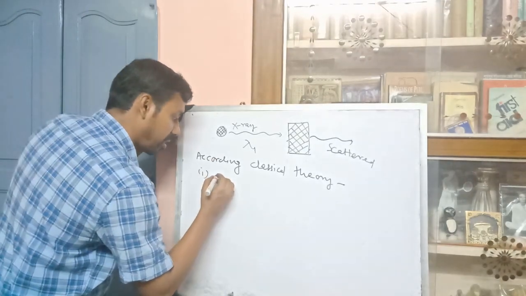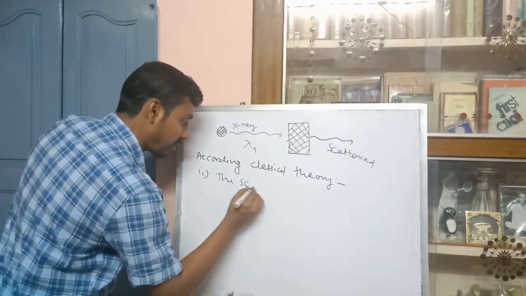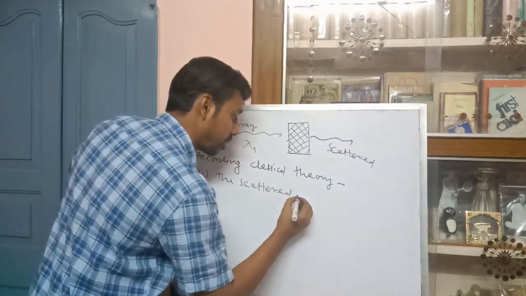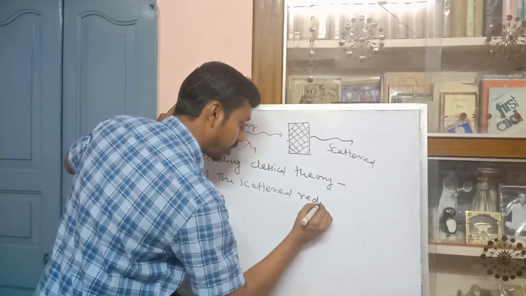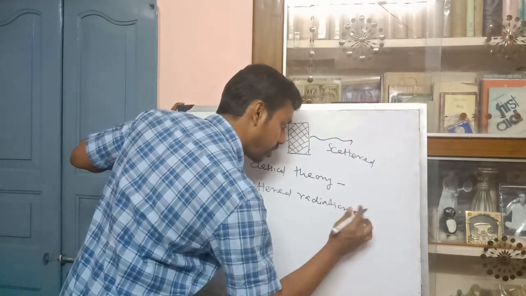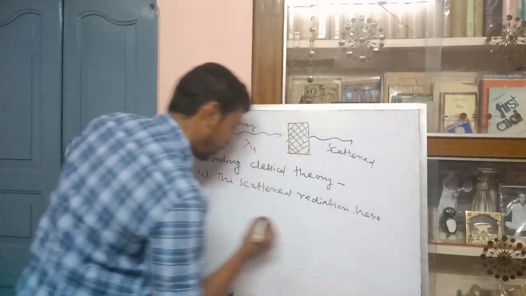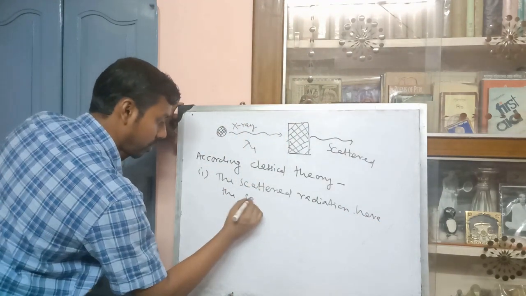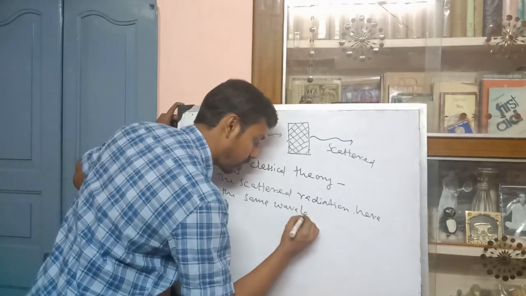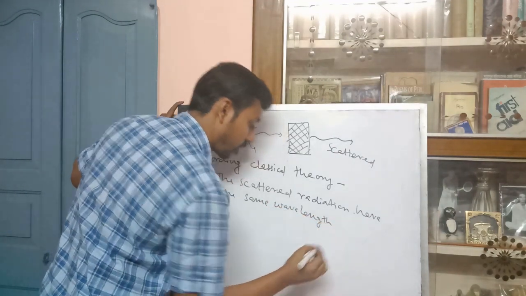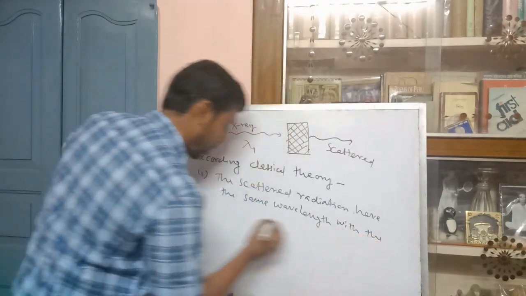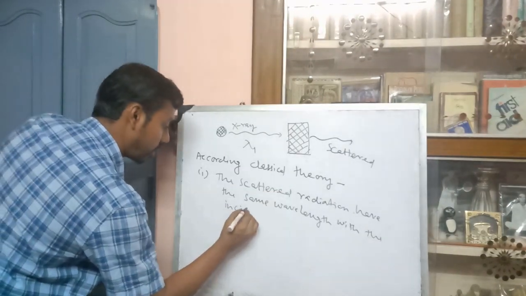number one, the scattered radiation has the same wavelength as the incident radiation.